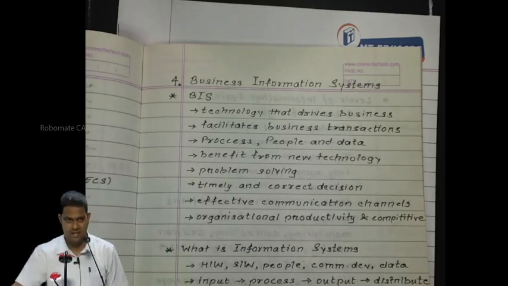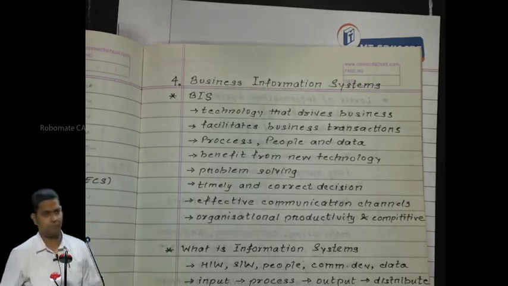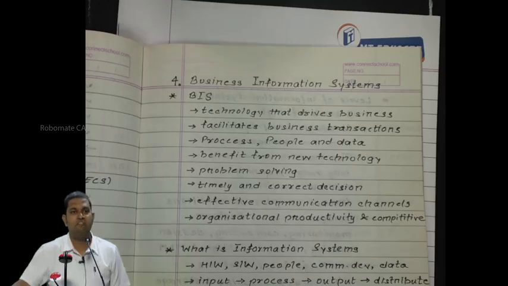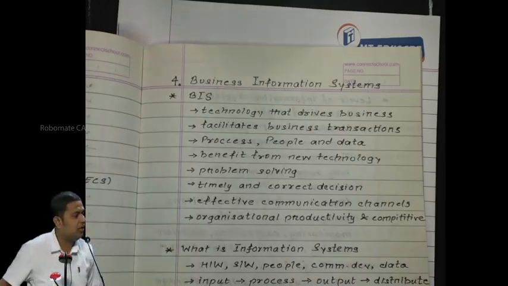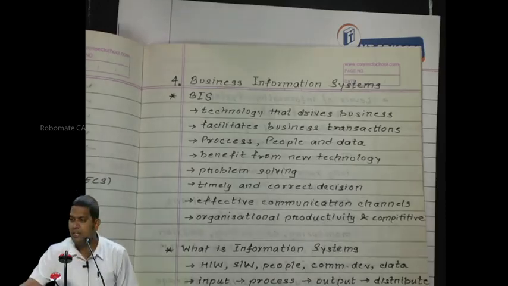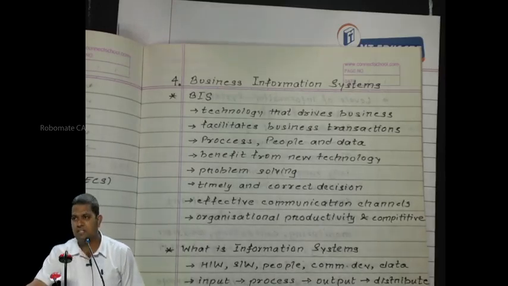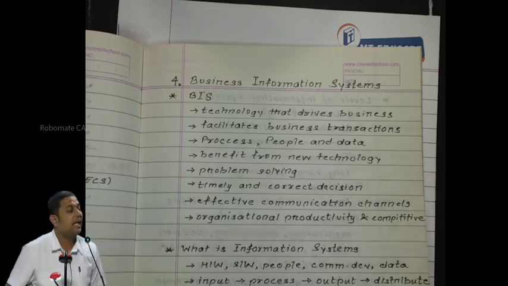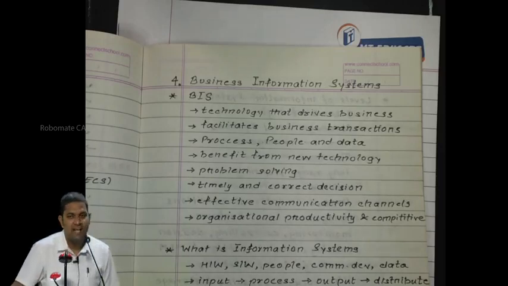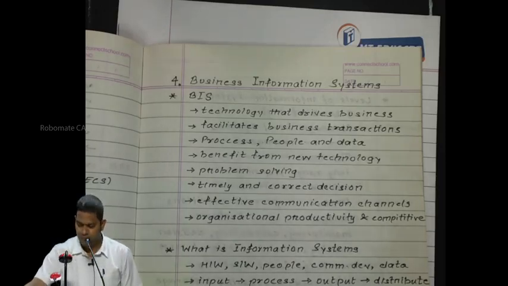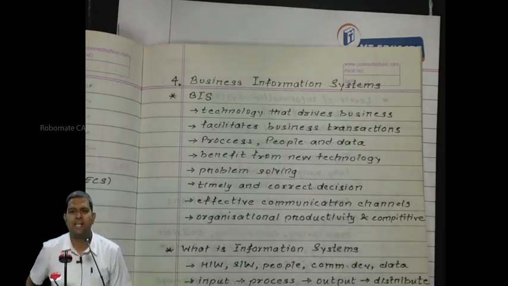This system will give the information which will be used for efficient working, efficient running of a business enterprise. So we say that it is a technology that drives business. It is the technology that makes the business operation smooth, easy, and efficient. It facilitates business transactions.